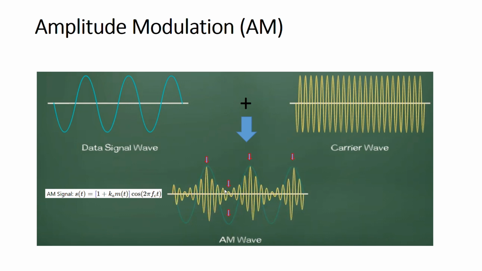In AM, from peak to trough, the modulation becomes weak, and from the trough to peak, the modulation becomes strong, and the resulting wave frequency remains the same as the carrier wave. So only the amplitude will change.